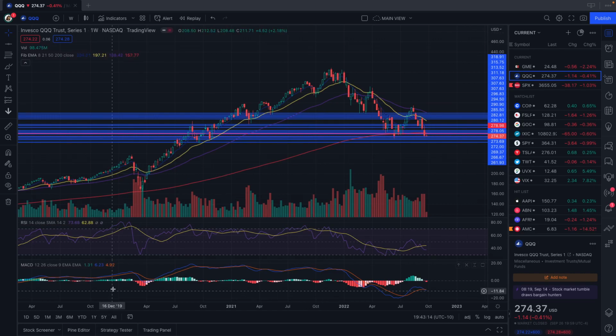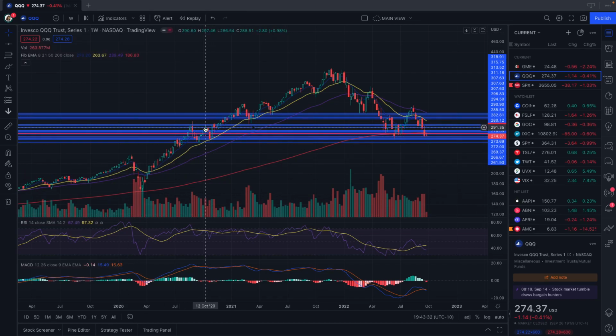Like I said, you're more than welcome to pause the video here and add these levels to your charts. I have found that these last several weeks that I've traded, these levels have been on point. These are the 1 week lines.